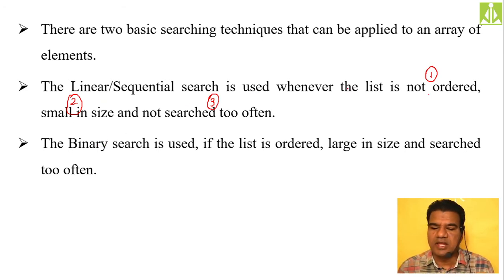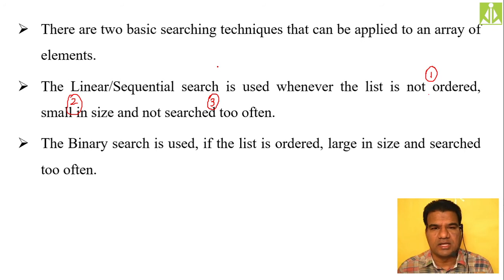Whatever criteria we have discussed, simply take the opposite and all those things apply to binary search. We go for linear search when the list is not ordered, the list size is small, and you're not searching too frequently.